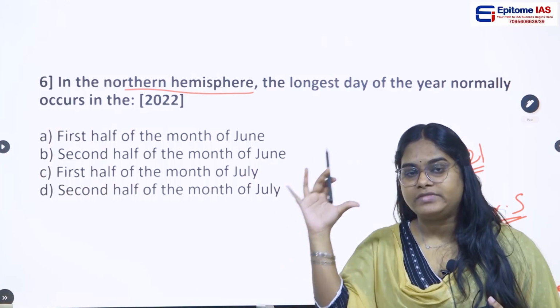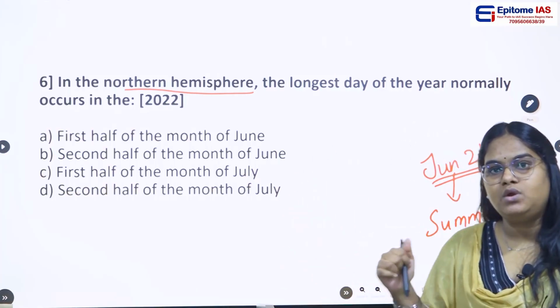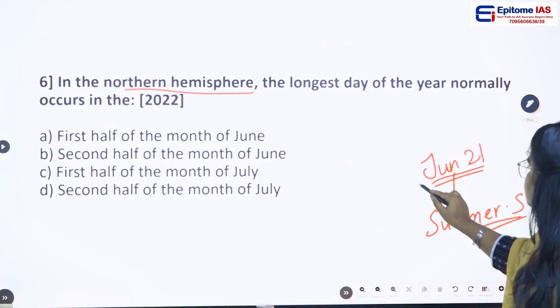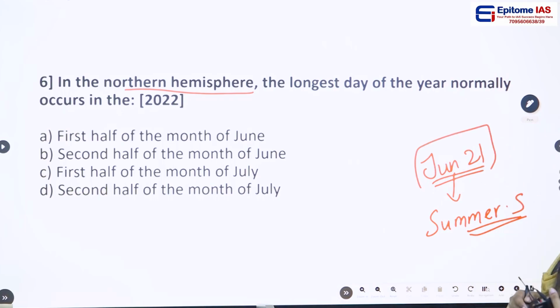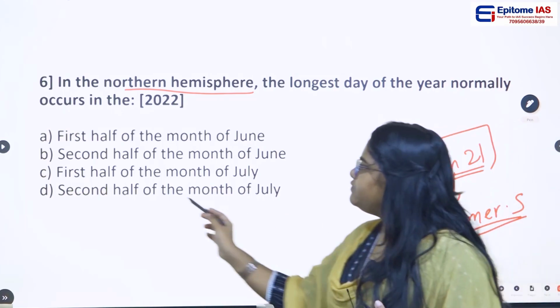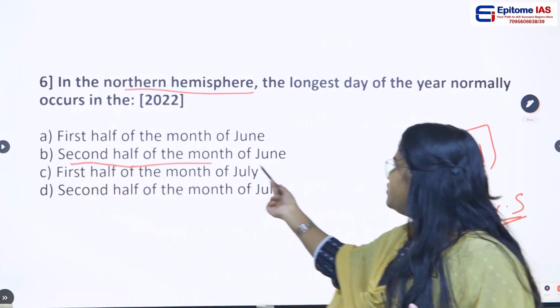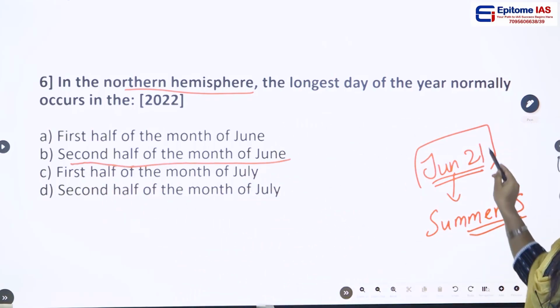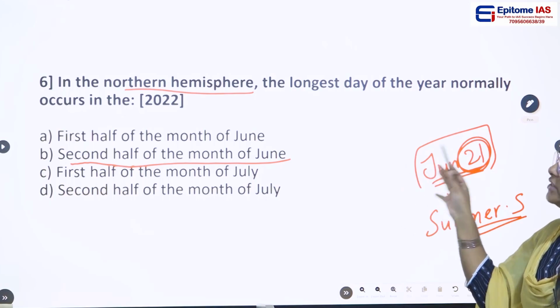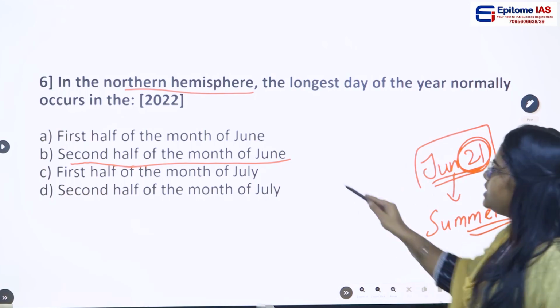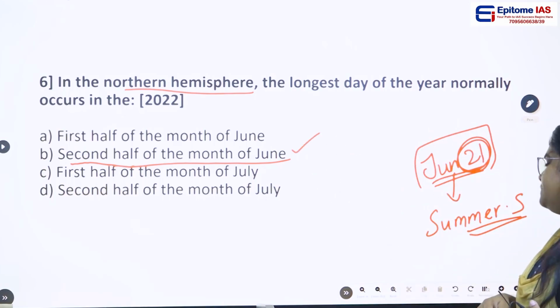What it means is the northern hemisphere has the longest day on June 21. So what would be the correct answer? Option B, second half of the month of June. June 21 is in the second half of the month of June. So the correct answer would be option B.